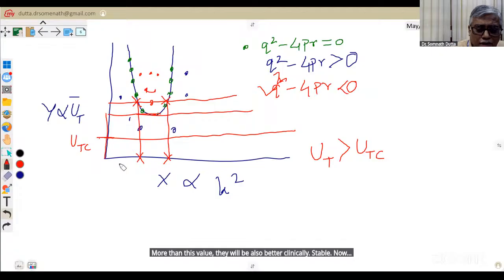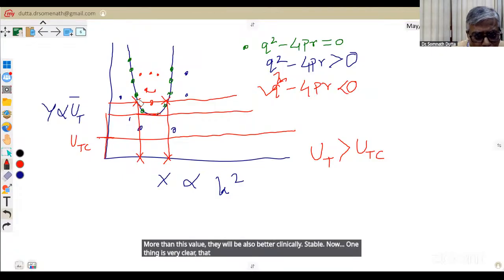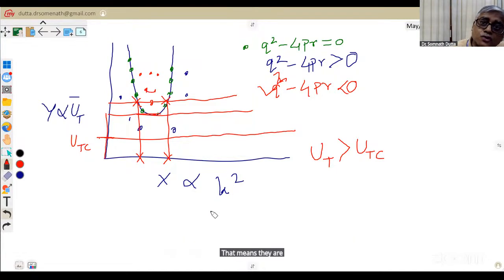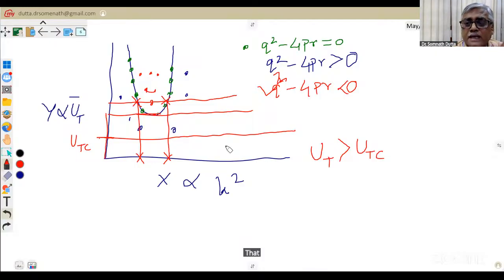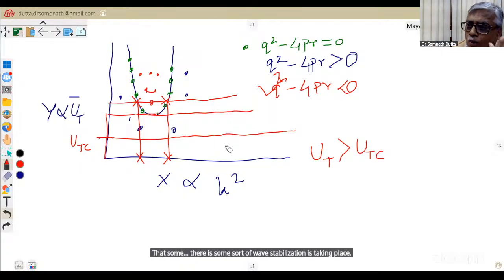Now one thing is very clear: any point whose k square value is lesser than this one means they are relatively shorter waves. And any point whose k square value is more than this one means they are relatively longer waves. So what we can see is that there is some shorter wave stabilization taking place, and some longer wave stabilization taking place.